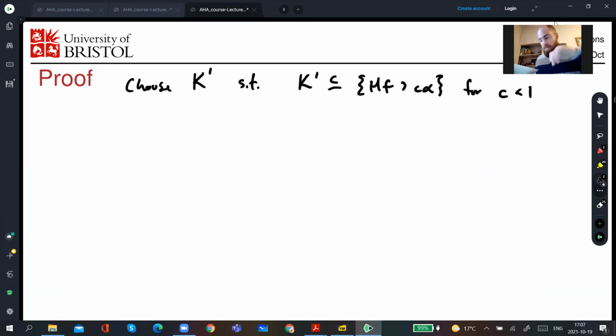There's a little bit of a gap here, basically. Let's say it's at least a half.